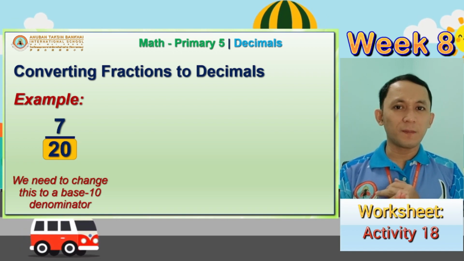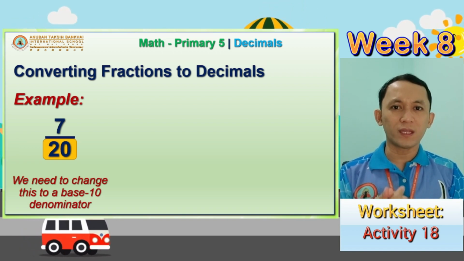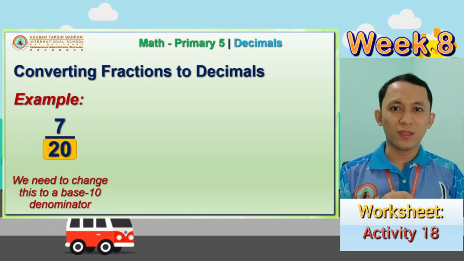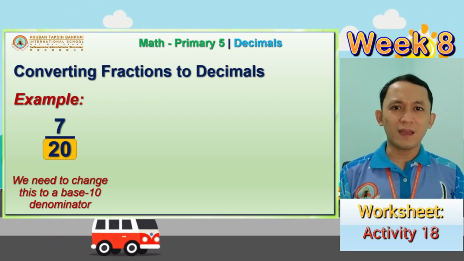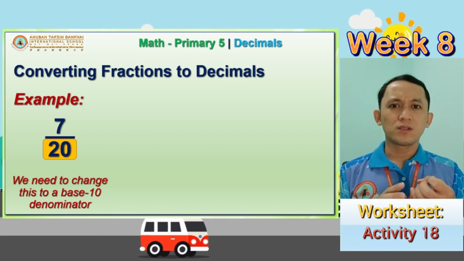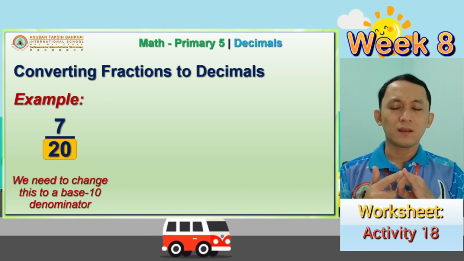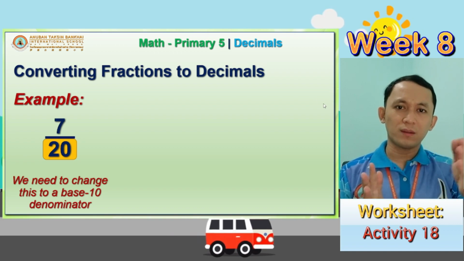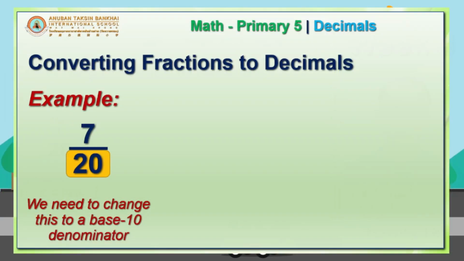We multiply it again by 10, so we have 100. 100 we multiply by 10, we have 1000. So when we say base 10 denominator, our denominator should be either 10, 100, or 1000, and so on. So let's just have 10, 100, and 1000.